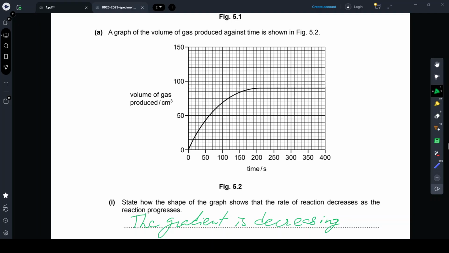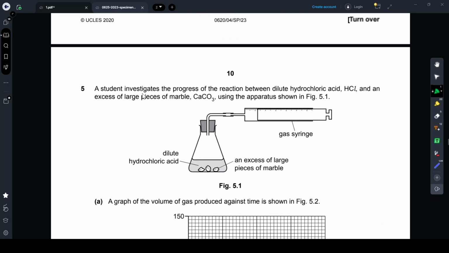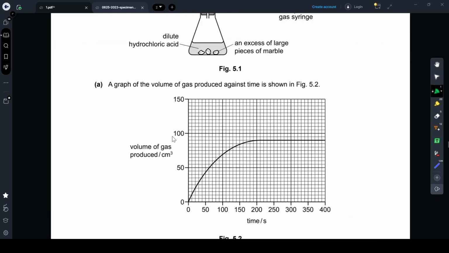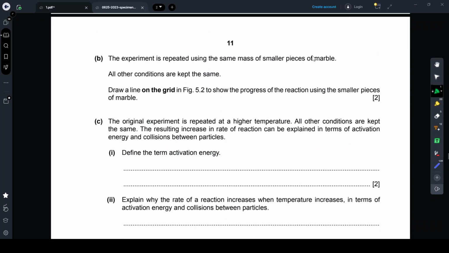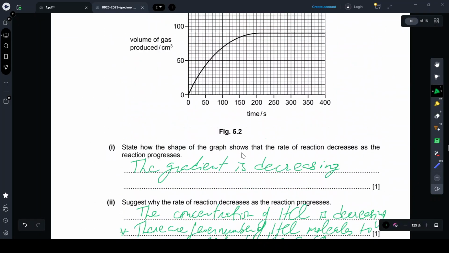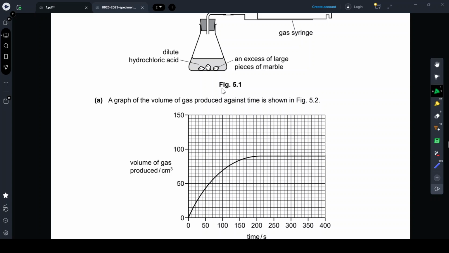No, we're not talking about gradient. We're talking about the results of a new experiment. Everything's the same. The only thing is that instead of large pieces of marble, now you've got smaller pieces of marble. So what kind of graph will you see?